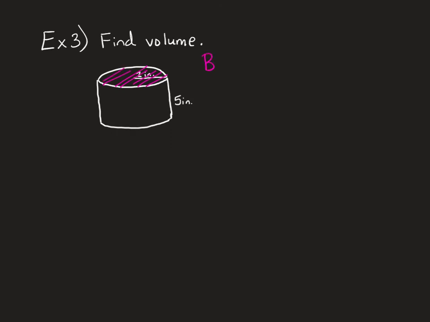So our base, the circle, we find the area of the circle, which is A equals pi r squared. So we'll use 3.14 for pi, and we've got that this radius is 2 inches, and we'll square that. So 2 squared is 4, times 3.14 is 12.56 square inches.